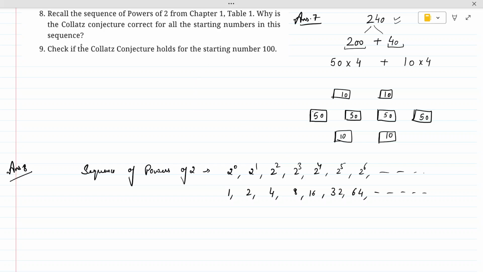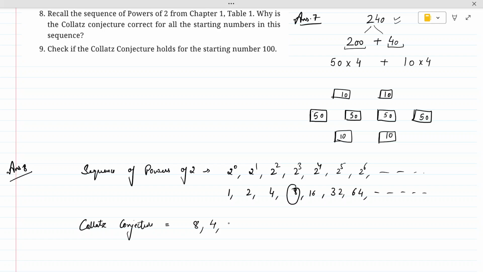Now, why is the Collatz conjecture correct for all the starting numbers in this sequence? So let us take a starting number 8 here and try to find out the Collatz conjecture of 8. 8 is an even number. So for an even number, we will divide it by 2.